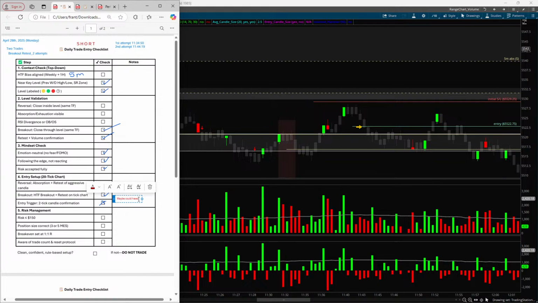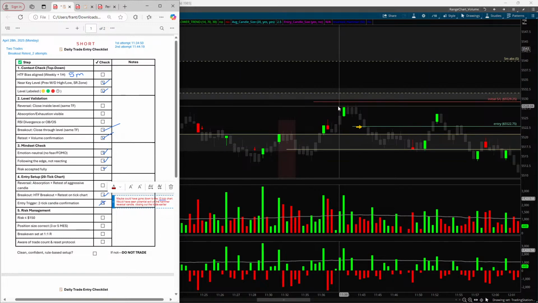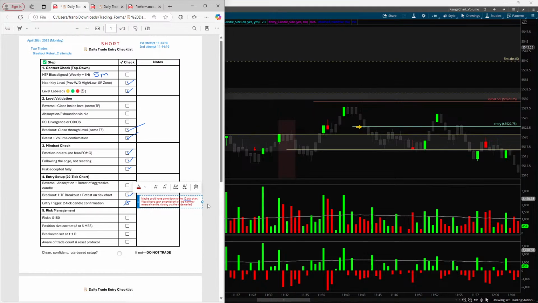Maybe could have gone down to the 10 tick chart, would have seen a potential exit on the hammer reversal candle, closing out the trade earlier. Alright, possible. This is all hypotheticals.